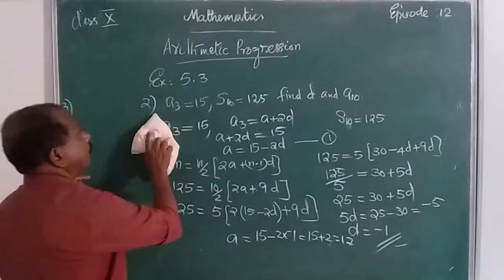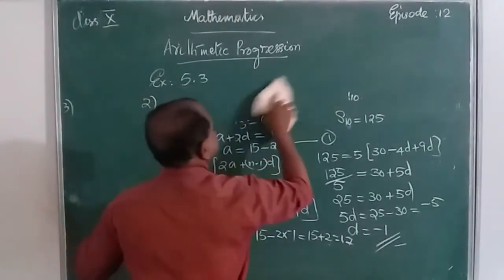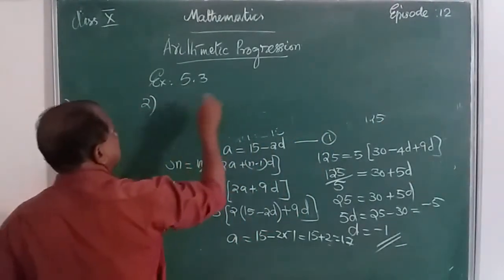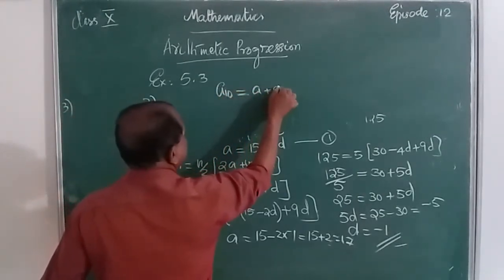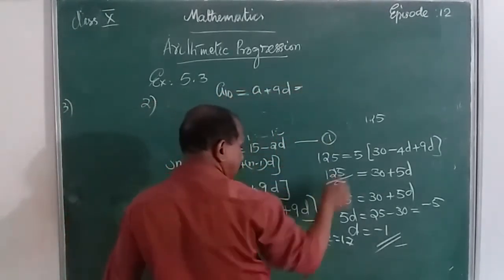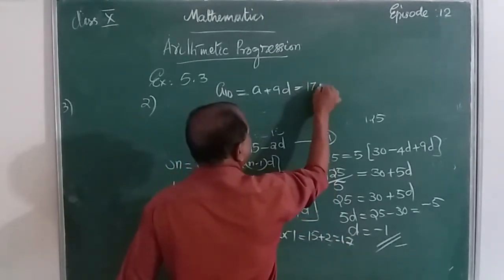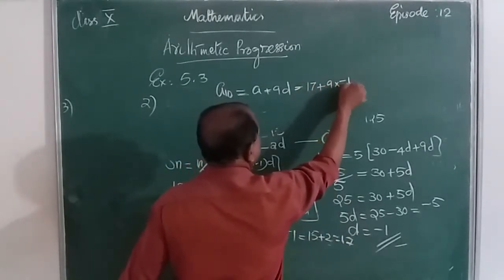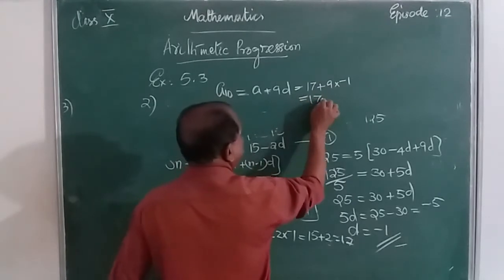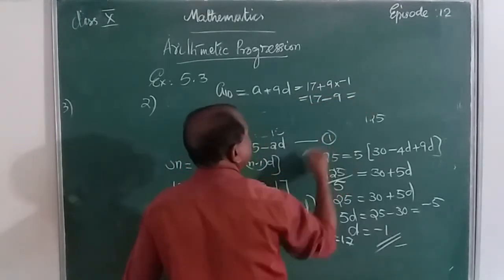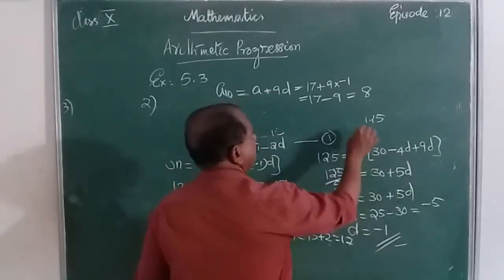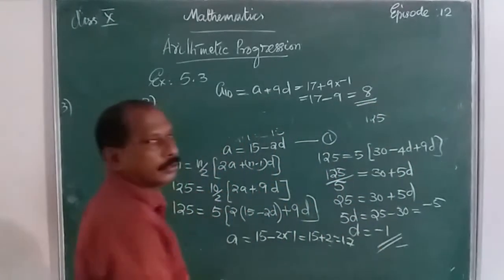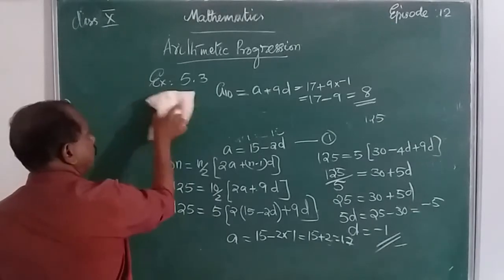Then we can find out a10. a10 is equal to a plus 9d. What is a? 17 plus 9 into minus 1 is equal to 17 minus 9 is equal to 8. That is the tenth term of that sequence.